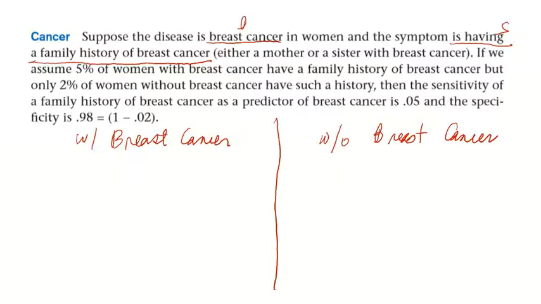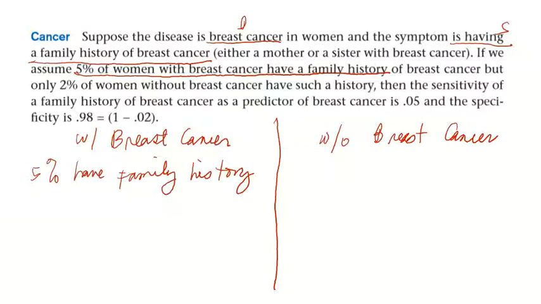For those with breast cancer, how many percent have a family history, or the symptom? It's given in our problem. 5%. So 5% have family history. Remember, family history is our symptom. Therefore, the remaining 95% of those with breast cancer, can you imagine, don't have family history.